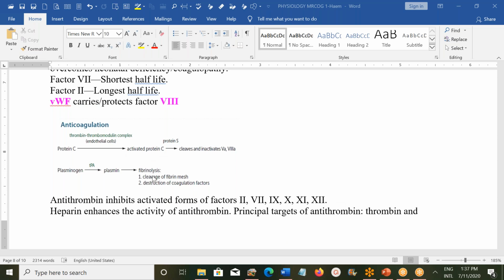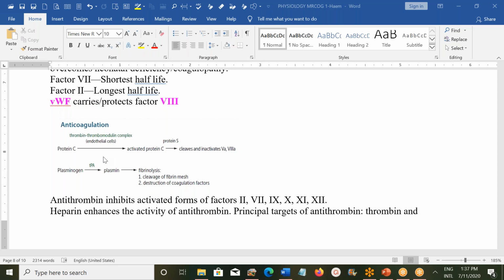So there will be fibrinolysis. Plasmin will also digest fibrinogen, and it will also eat factors 5, 8, and 12. So that is the action.